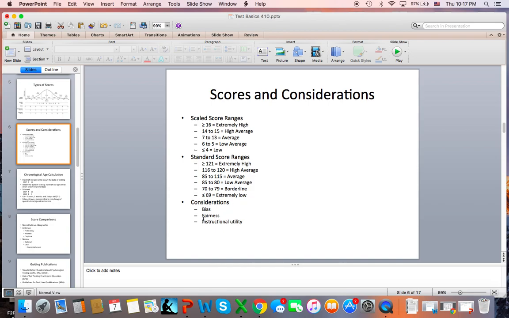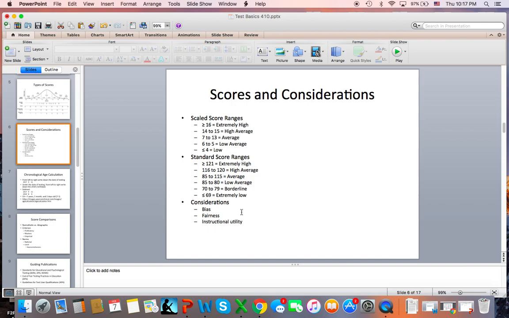Now that's different than fairness. Fairness is related to that idea of consequential validity that you read about in the Messick article. Did the use of these tests lead to enhanced outcomes for the students they're used with? That's what it's all about. Bias can be measured.